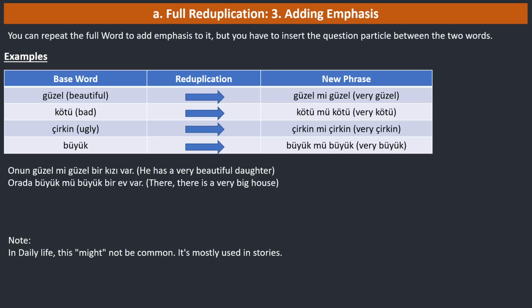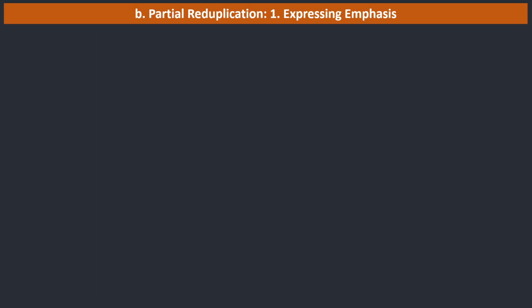Okay, so if there are no questions, I'll move to the second chapter, partial reduplication. That one is easy, easier than before, because it only has one function, one meaning. So, what is the partial reduplication?